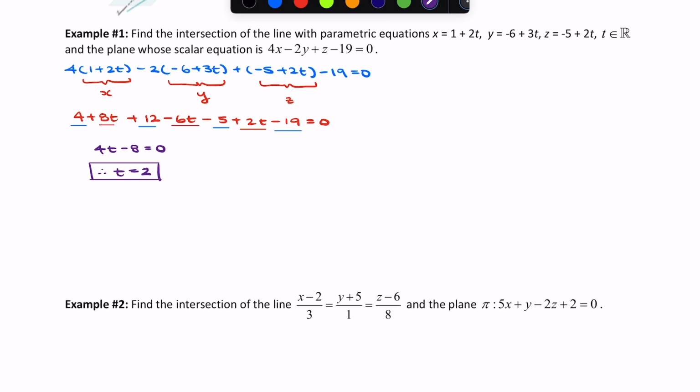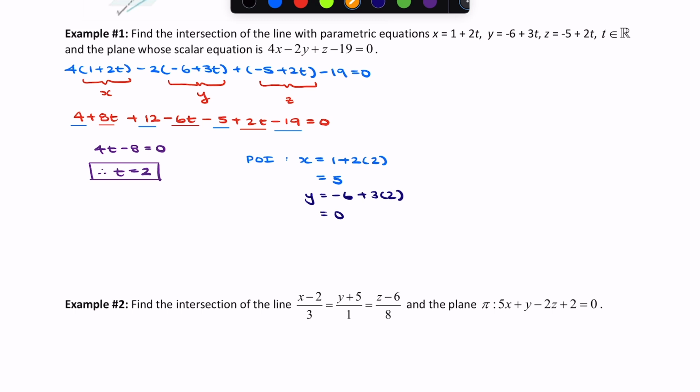If we sub t back into our equations, that will give us our point of intersection, or POI. Here, x is equal to 1 plus 2 times 2, so x will be equal to 5. For y, we get -6 plus 3 times 2, so y is equal to 0.